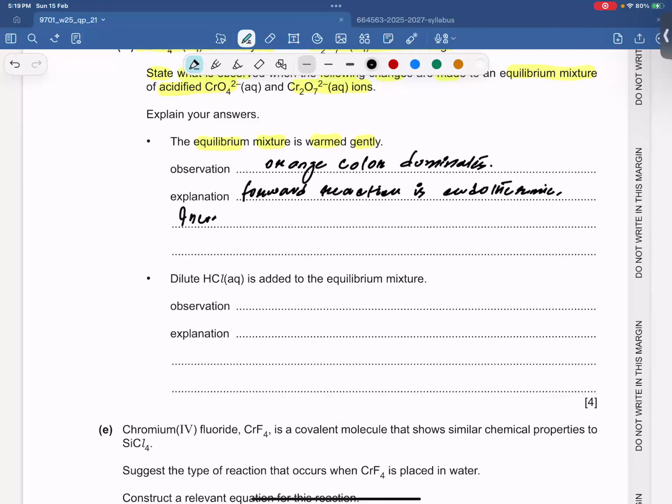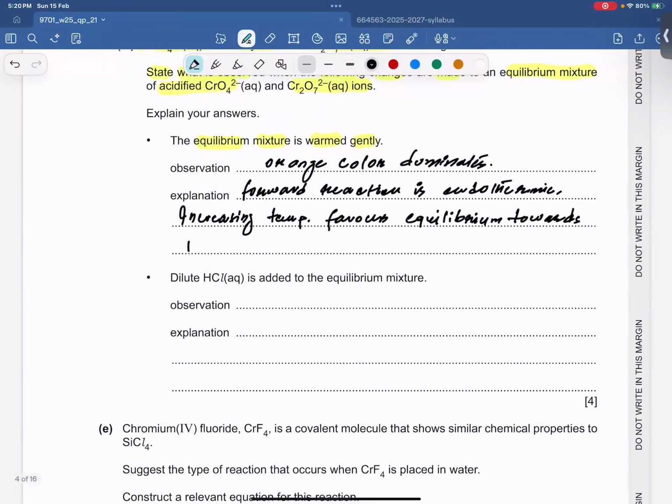So increasing temperature favors equilibrium towards the right hand side.